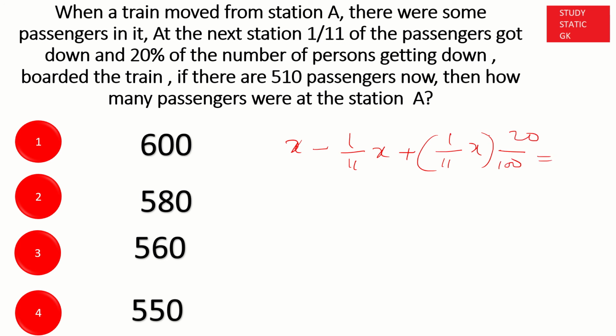So total available now is 510. Right? So x minus 1 by 11x, you can take it out common, right? X plus 1 by 11x, that means 20 by 100 means 1 by 5, minus 1 is equal to 510.